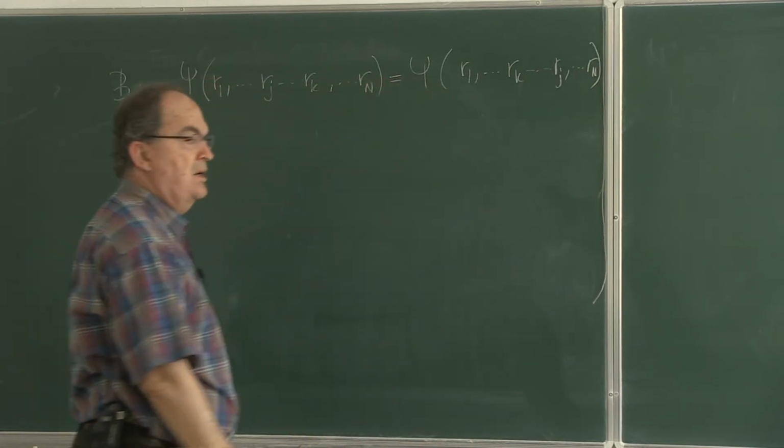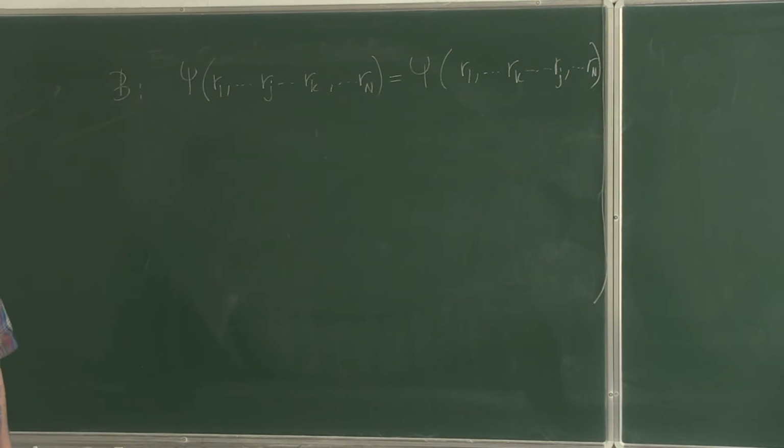What will be the sign in front of the wave function if they are bosons?